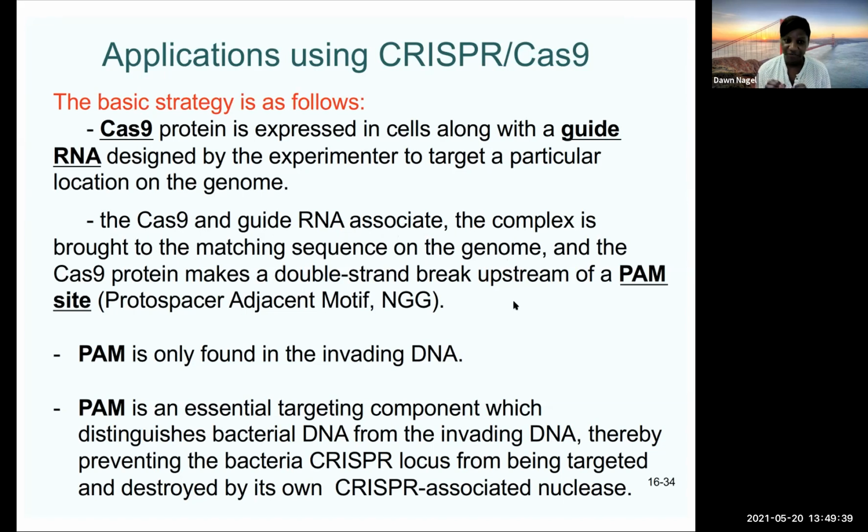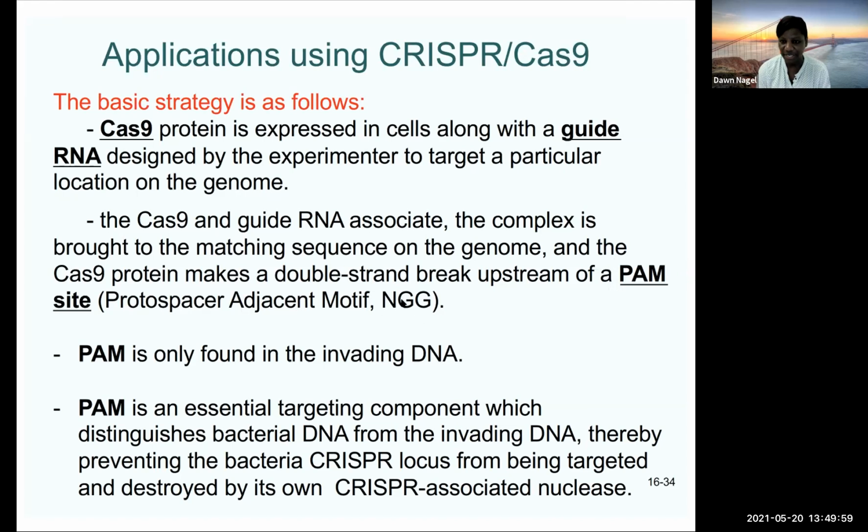And that's also what's pretty beautiful about this system: it's very, very specific, right? In order for this to happen, it needs to not only find the target DNA that this RNA is similar to, it needs to occur upstream of a particular site called a protospacer adjacent motif.